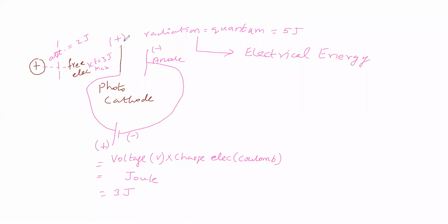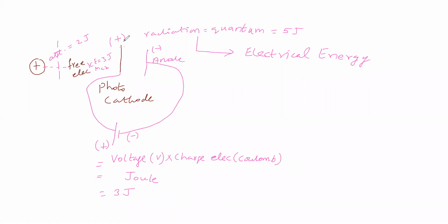If radiation energy is converted into electrical energy, then we can say photoelectric effect is possible. If radiation energy is not converted into electrical energy, then photoelectric effect is not possible, we can say.